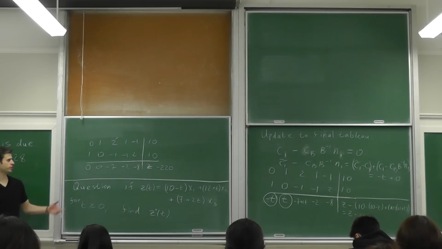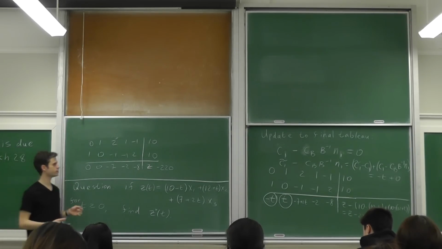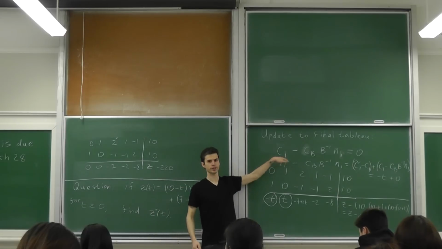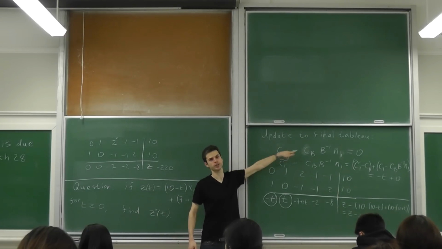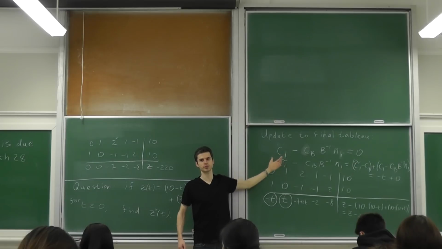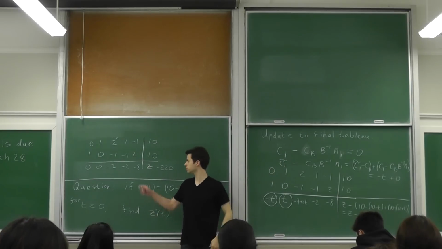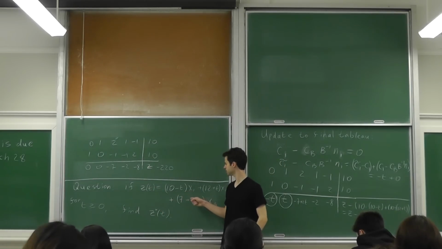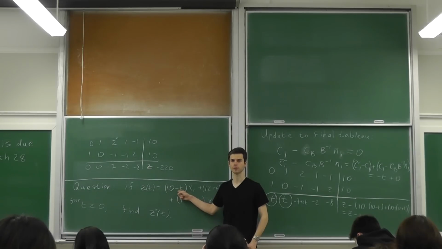Once again, before I erase this final table, I want to reiterate this idea that in this formula, the coefficients which are changing appear only in one place, right here. And they appear as just a copy of what they used to be. So the change in the objective function propagates in the following way.